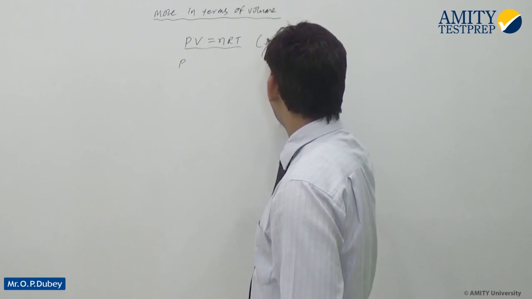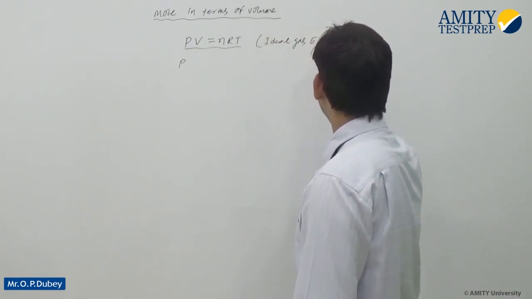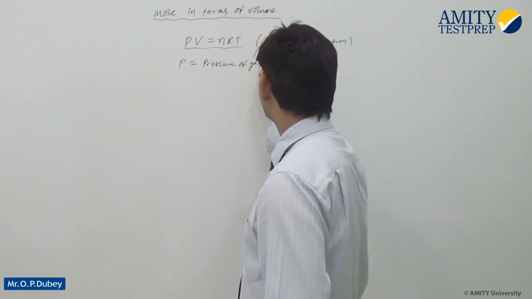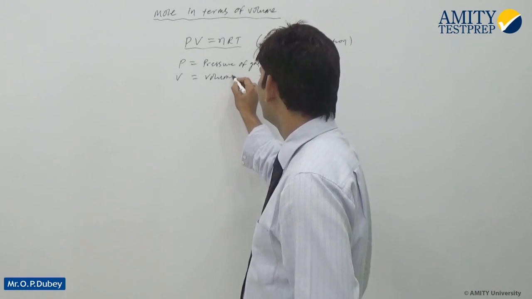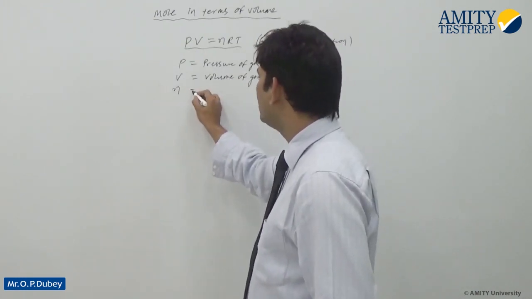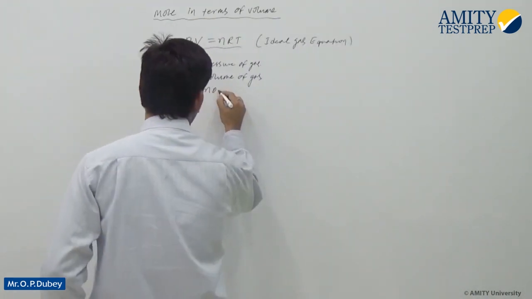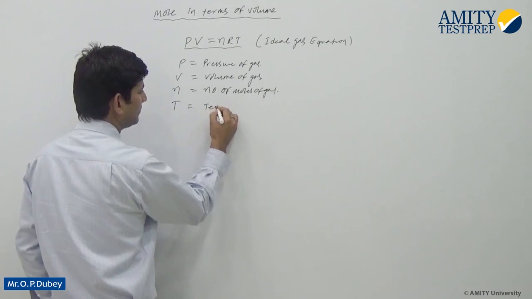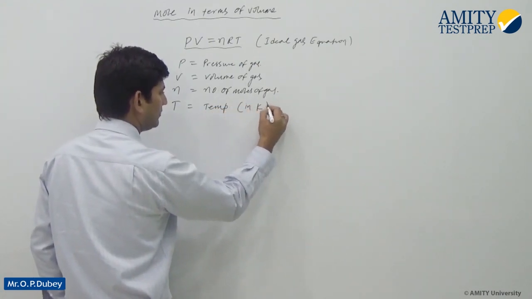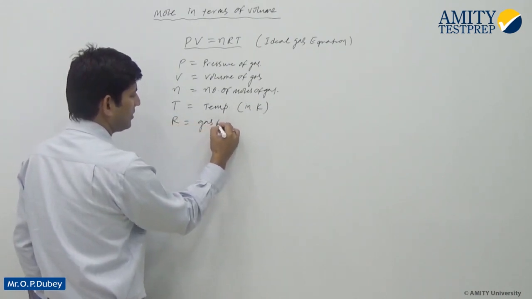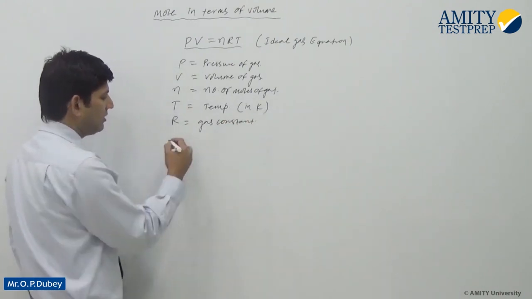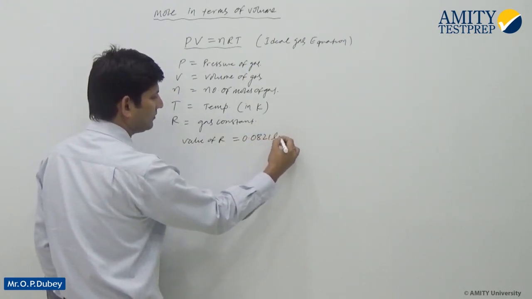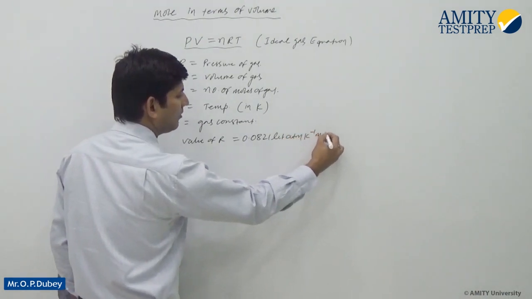In this equation, P is the pressure of gas, V is the volume of gas, n is the number of moles of gas, T is the temperature in Kelvin, and R is the gas constant, whose value is 0.0821 liter atmosphere per Kelvin per mole.